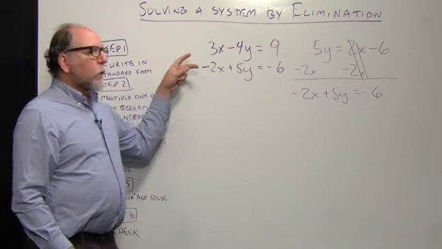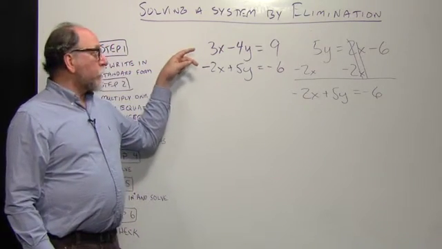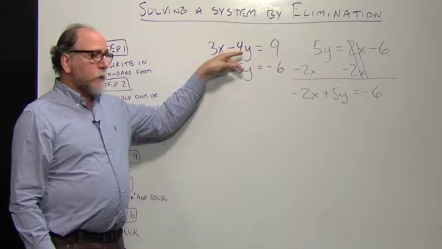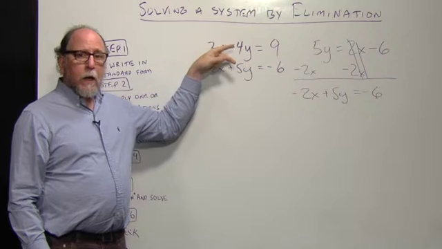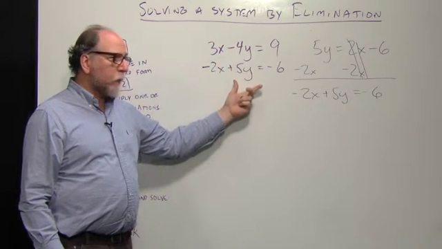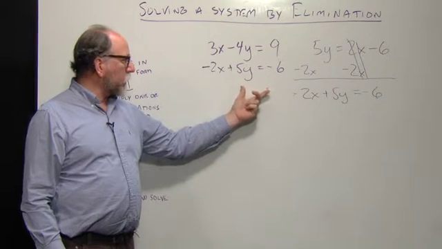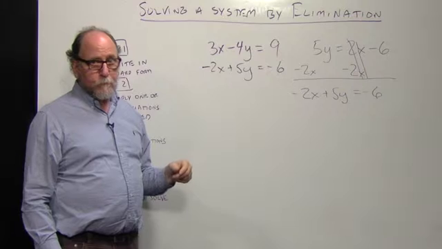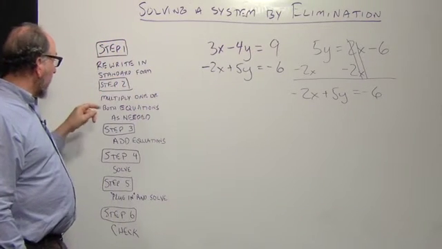Now, what we do in elimination is try to figure out a way to get these x terms or these y terms to have coefficients that are opposites, so that when we add these two equations together to get an equivalent equation, either x's or y's are eliminated. Okay, so that's the next step.